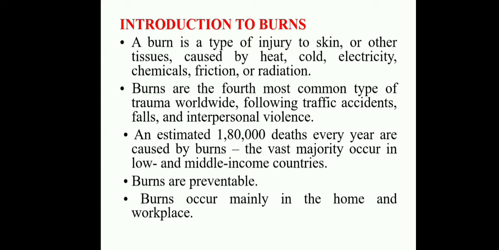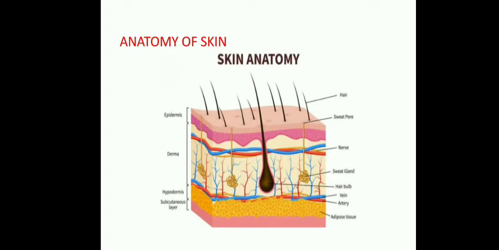An estimated 180,000 deaths every year are caused by burns. The vast majority occur in low and middle income countries. Burns are preventable whenever we give proper supervision to children. We can easily prevent these burns. Burns occur mainly in the home and then workplaces. Okay, this is about introduction.